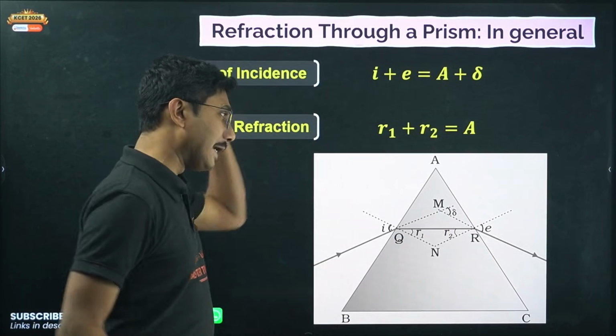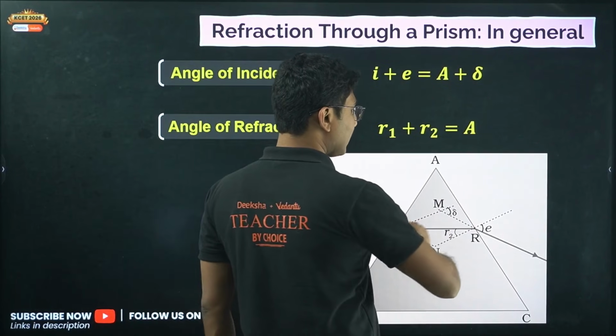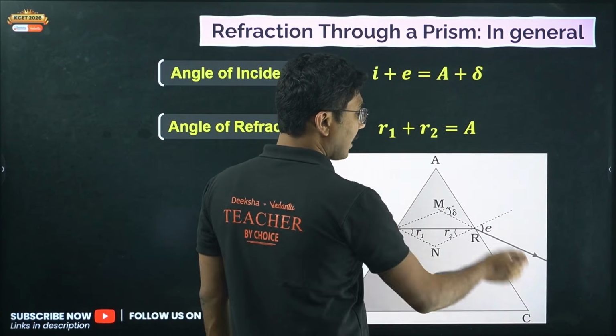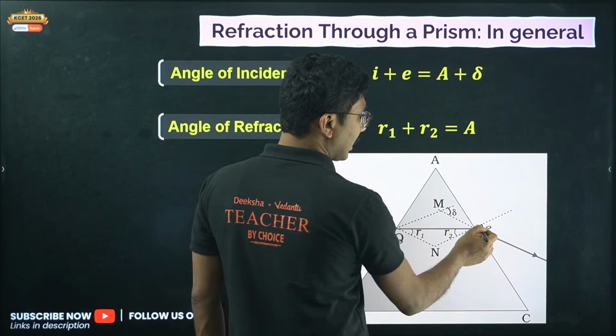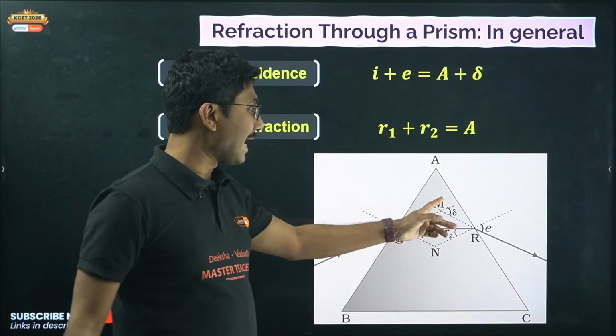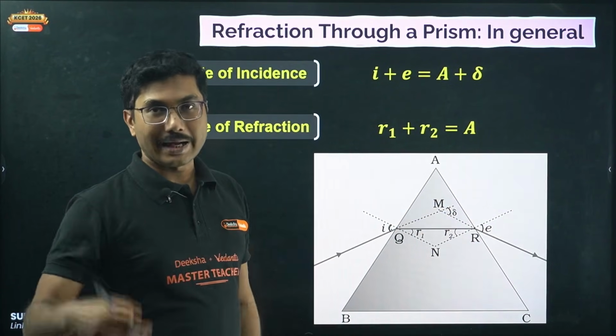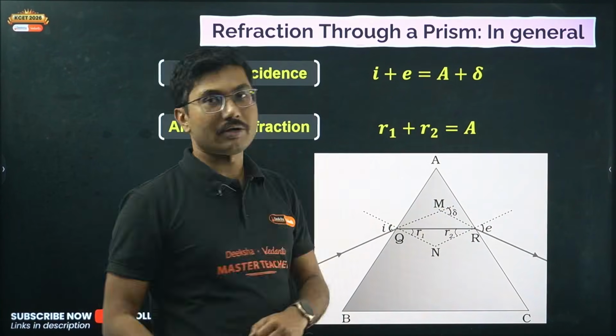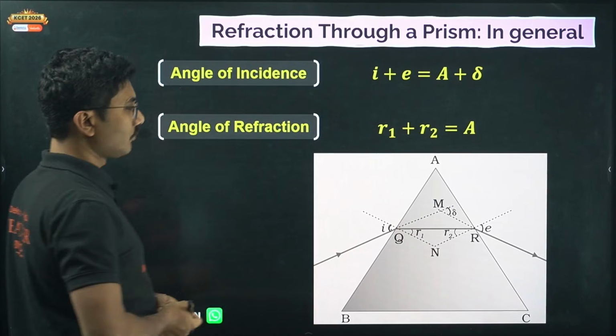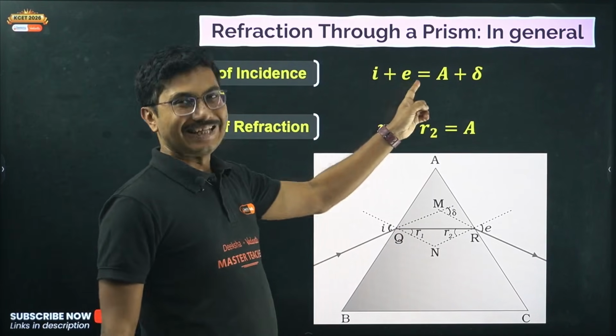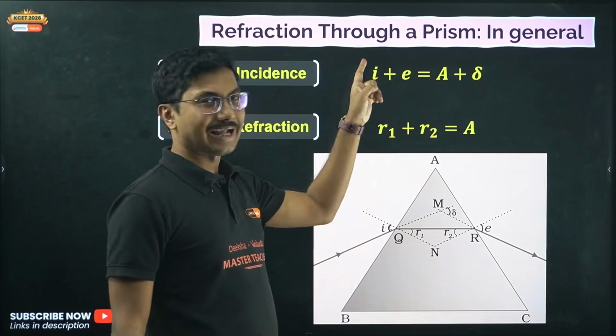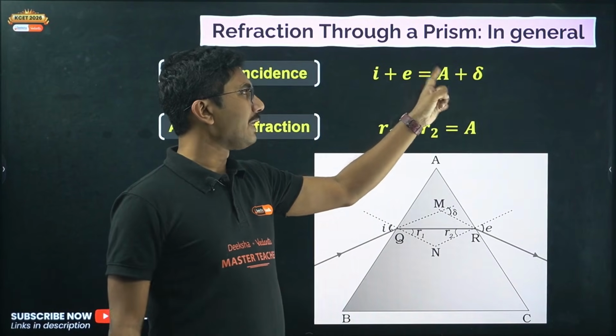Again, if the ray of light was traveling in a straight path and then the light bends, if you backtrack it, whatever is the angle between these two lines is called the angle of deviation. So this is the angle of deviation, delta. Okay, so i plus e, the angle of incidence plus the angle of emergence, equals A plus delta.